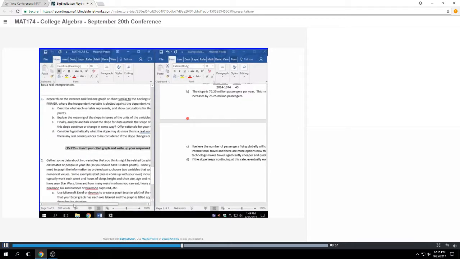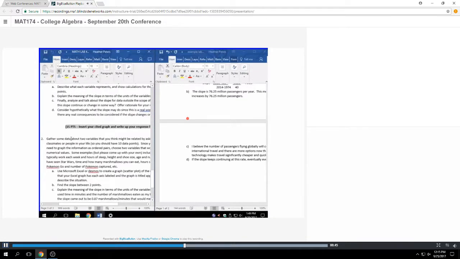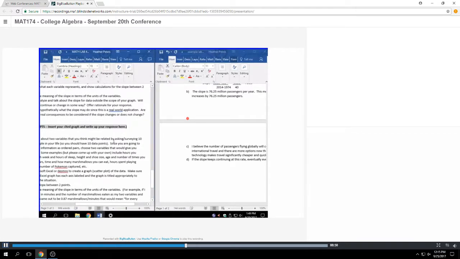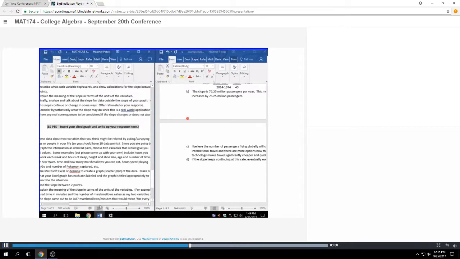Then the second question is basically doing the same thing, only you're using your own data and creating the graph. You can gather some data about 2 variables that you think might be related. I have on here to ask or survey 10 people in your life, but you could also get some information from online. However you want to go about doing that, just make sure you have 10 data points.